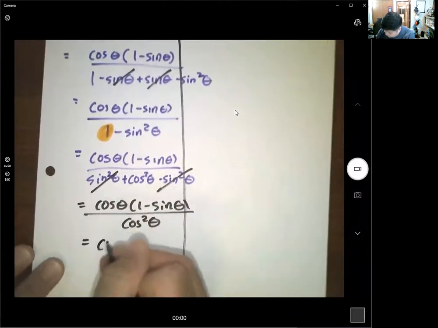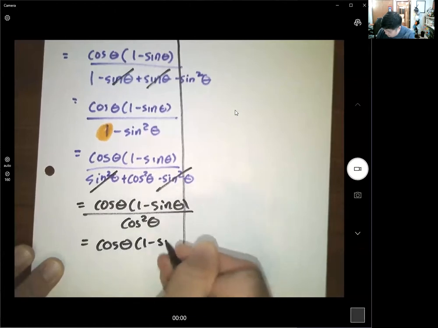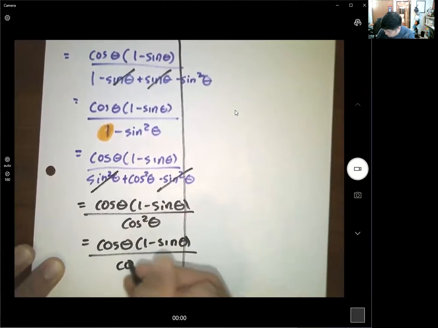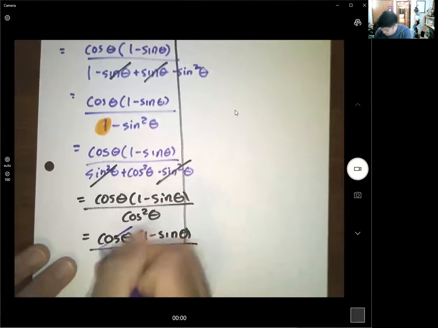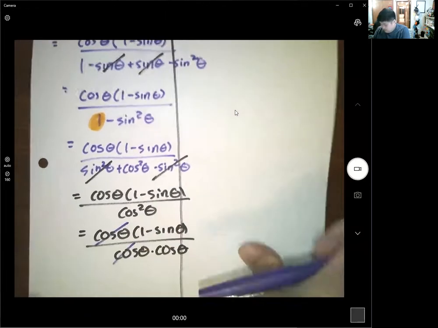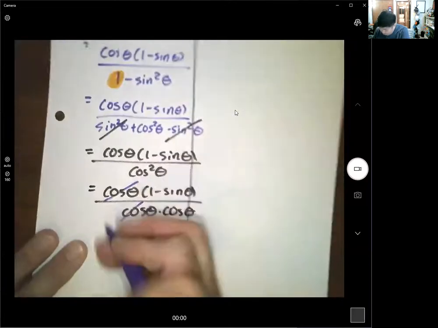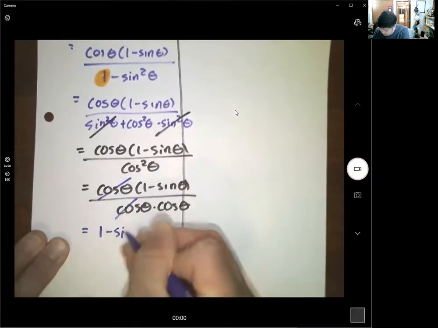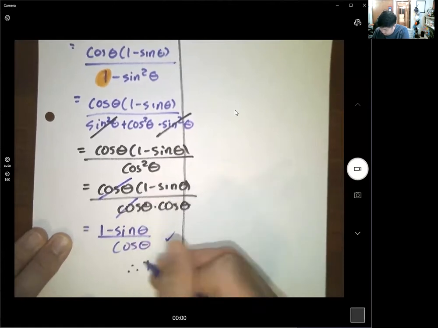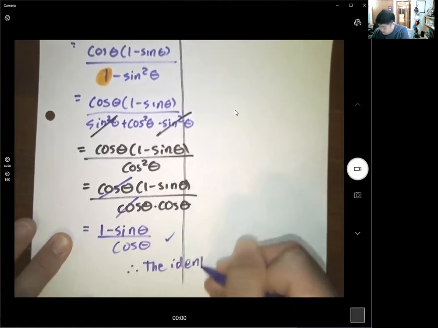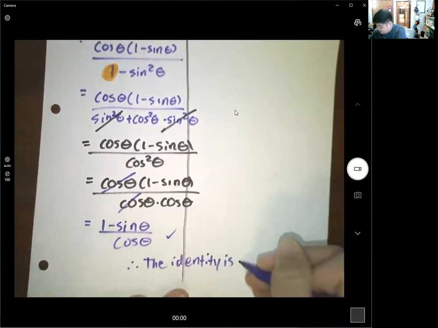But then cosine squared theta is the same as cosine of theta times cosine of theta. So then the cosine of theta divides out, and then I'm left with what I was trying to verify. So therefore, the identity is verified, all right?